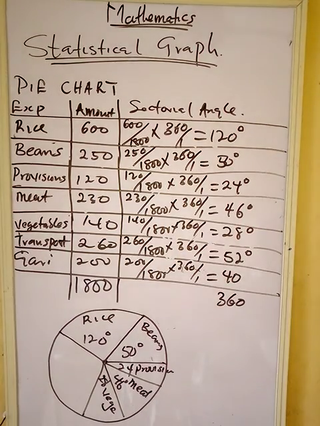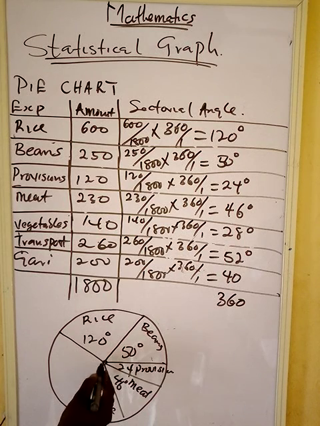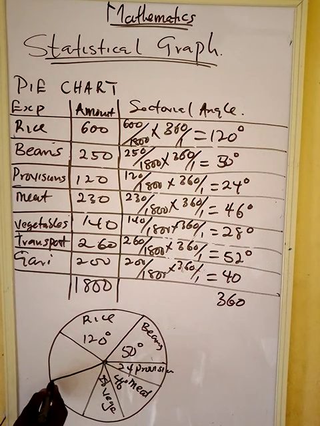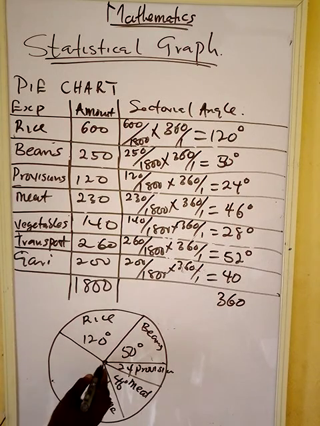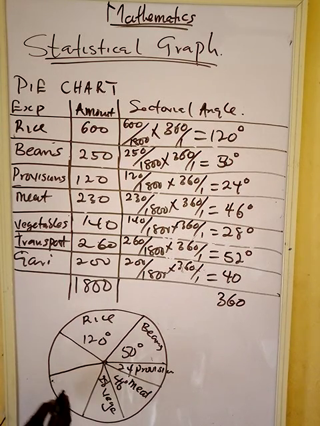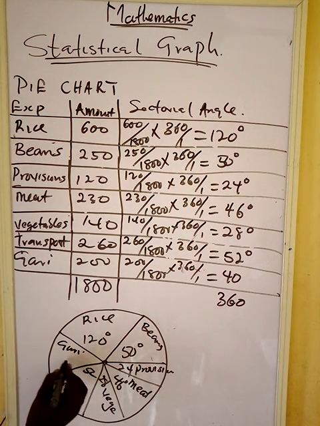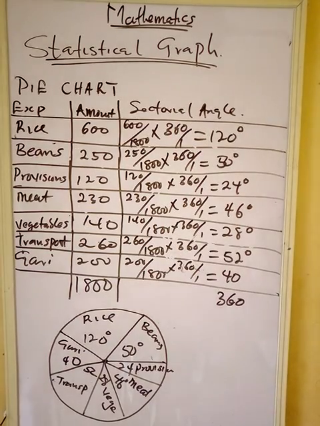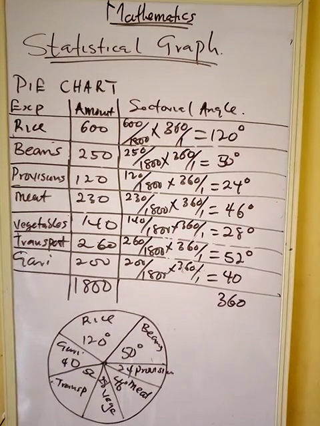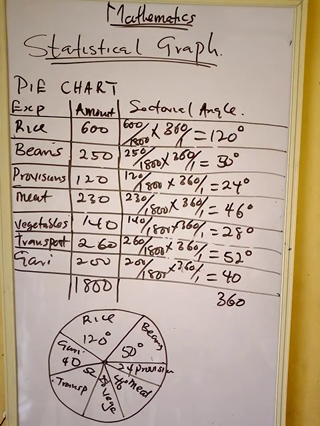Transport is 52 degree. And the last one is garri, which is 40. So that is how to draw our pie chart.